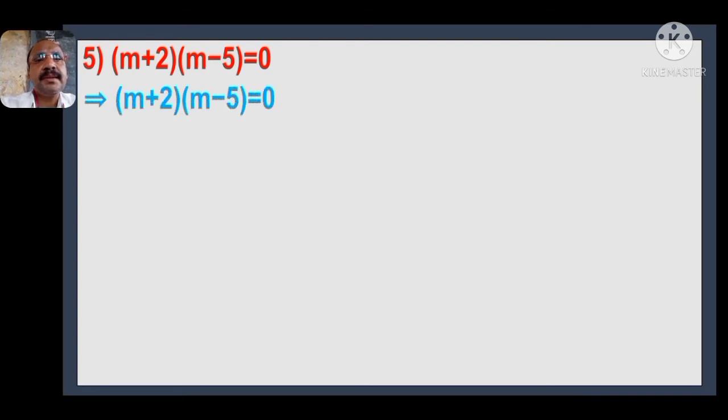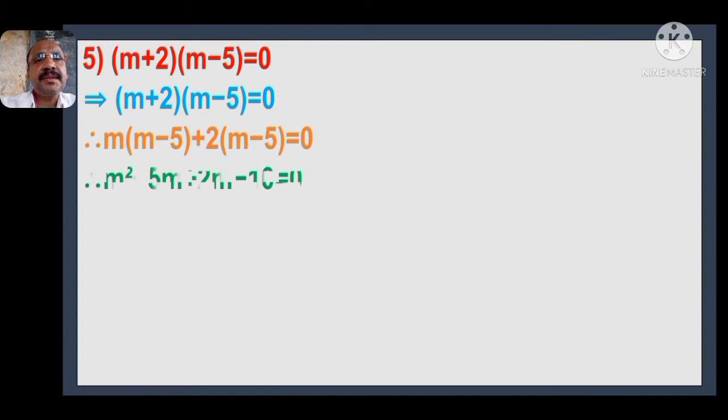Now next, fifth, m plus 2 into m minus 5 is equal to 0. Here we multiply: m into m minus 5 plus 2 into m minus 5 is equal to 0. Then we get m square minus 5m plus 2m minus 10 is equal to 0.